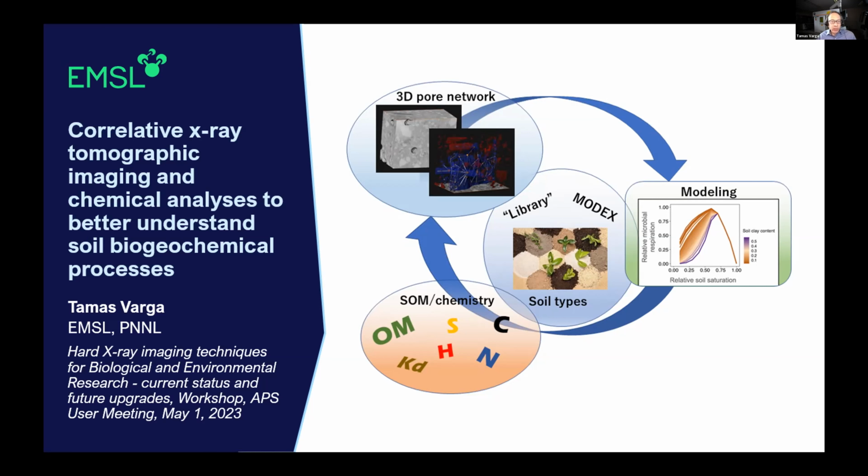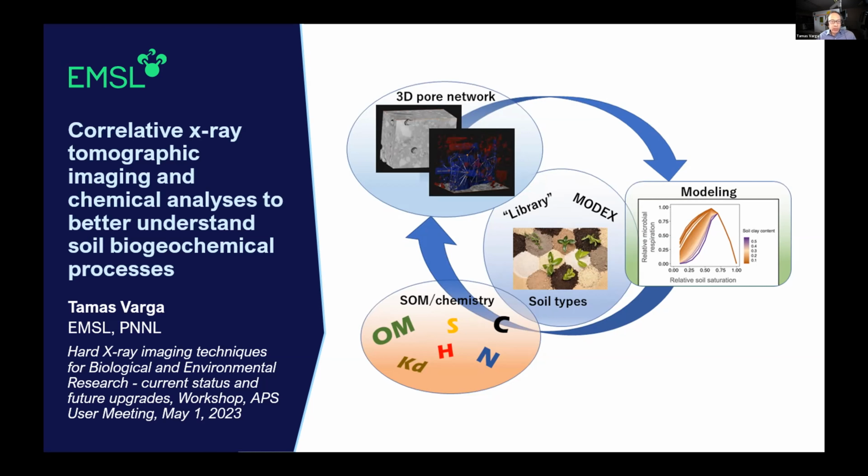And then I'll say a few words about our AI-based efforts. In all these cases, the X-ray portion is tomography imaging, and we try to correlate the structural data with the different chemical analyses to better understand these processes.